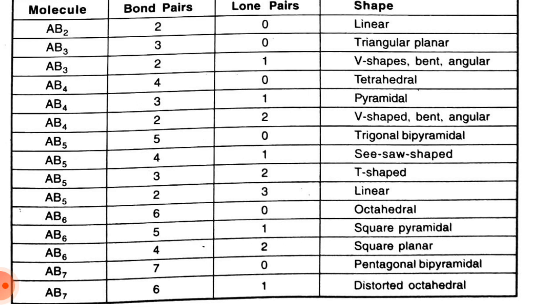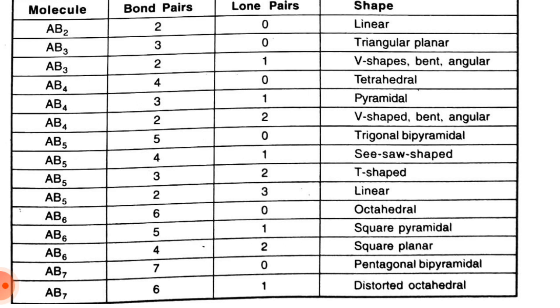Molecule AB4, bond pair 4, lone pair 0, shape is tetrahedral. AB4, bond pair 3, lone pair 1, shape is pyramidal. AB4, bond pair 2, lone pair 2, shape is V-shape, bent, angular.